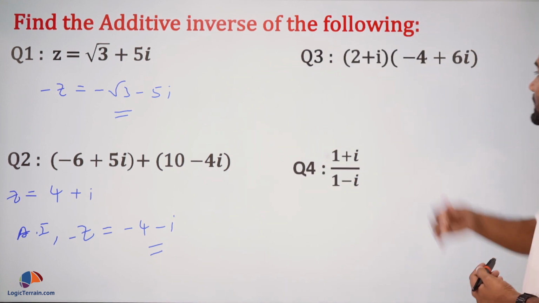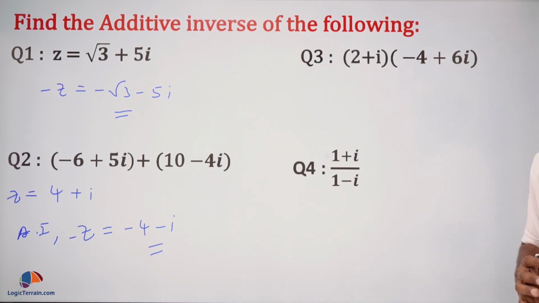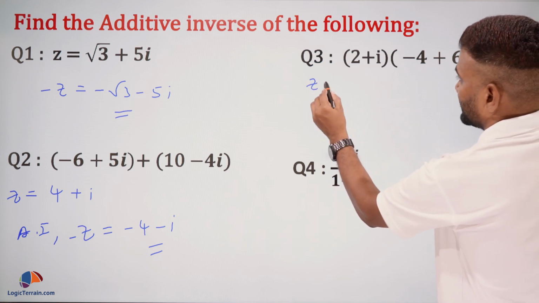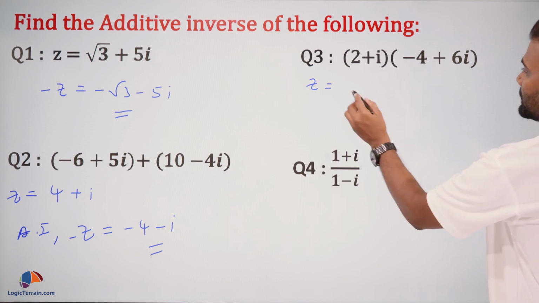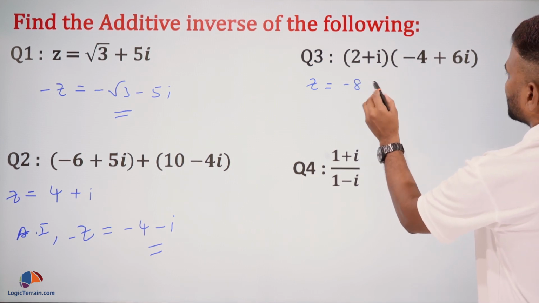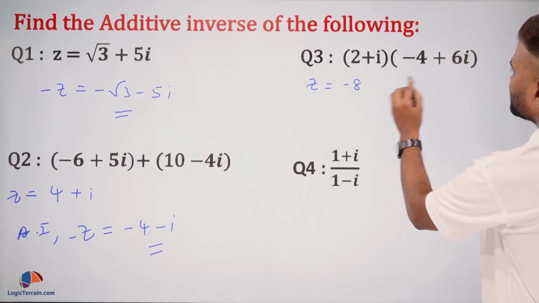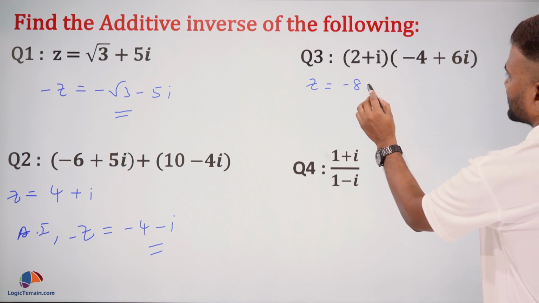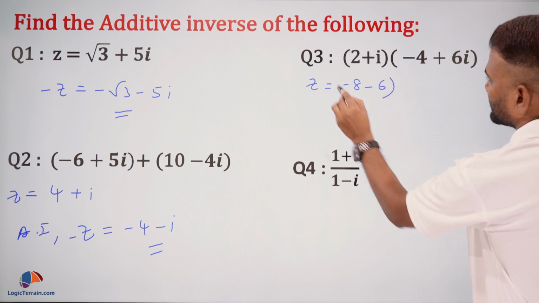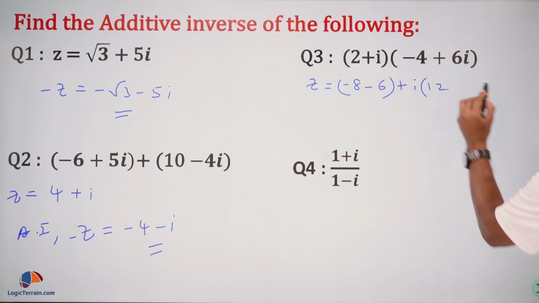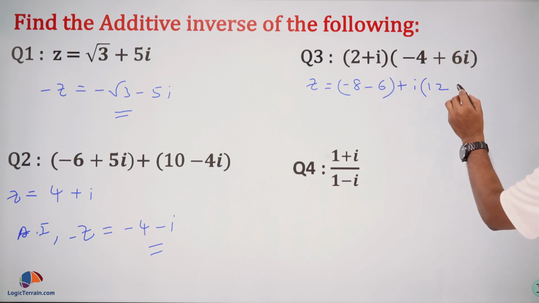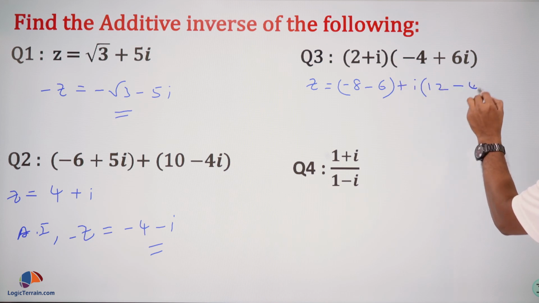And for this, these two complex numbers are multiplying. So, first we will simplify using the product rule, that is AC minus BD. 2 into negative 4 is negative 8, minus BD, 1 into 6 is 6, plus i of 2 into 6 is 12, positive into negative is negative, 1 4s are 4.